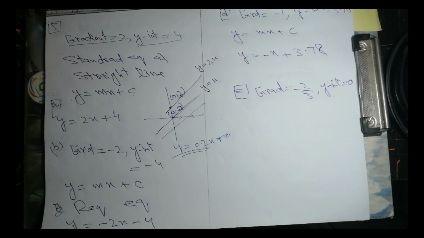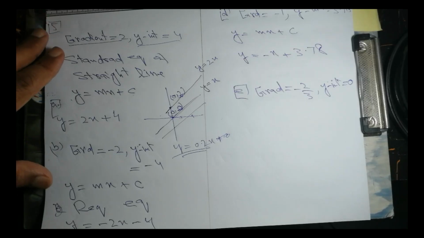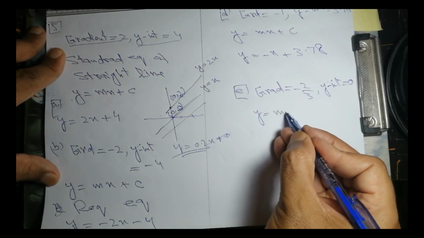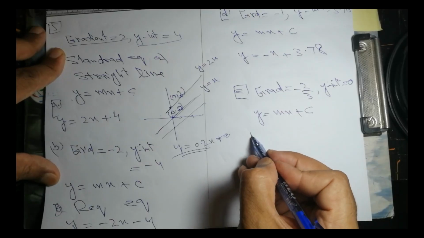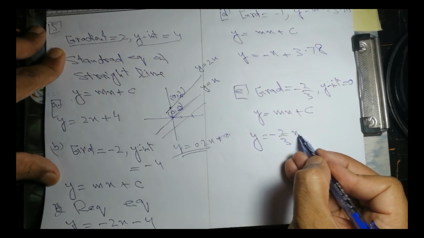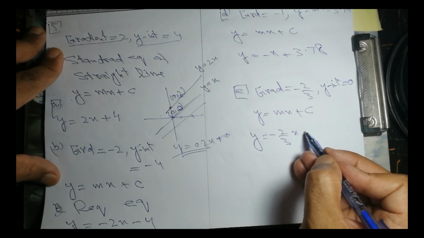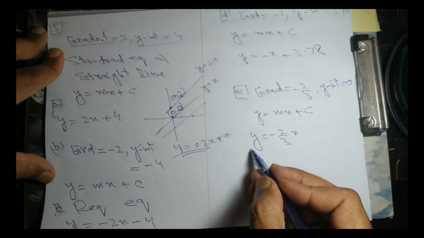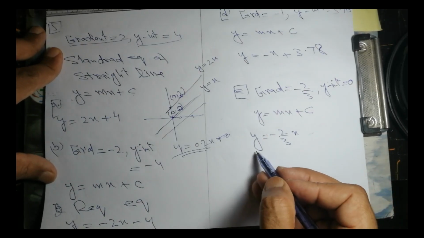So y-intercept 0 means the line is passing through the center 0, 0. So y equal to mx plus c, y will be equal to minus 2 by 3 x plus c, which is 0. So 0, no need to write. So this is the equation of the required line.